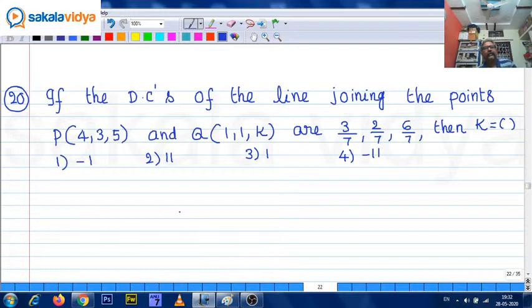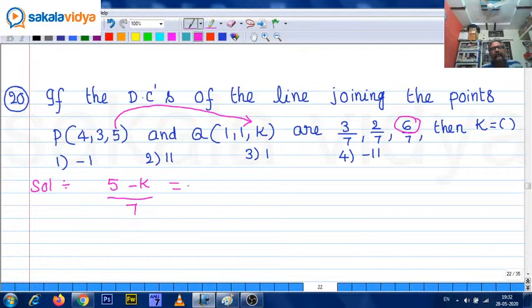Direction cosines of the line joining the points 4, 3, 5 and Q 1, 1, k are 3 by 7, 2 by 7 and 6 by 7. Then we need to find the k value. So it is very simple here. 5 minus k upon 7 should equal 6 by 7.